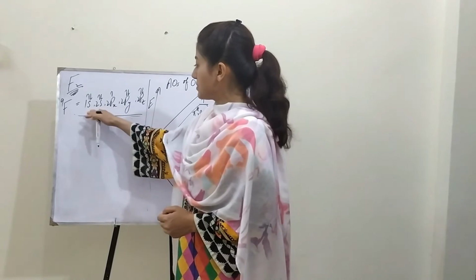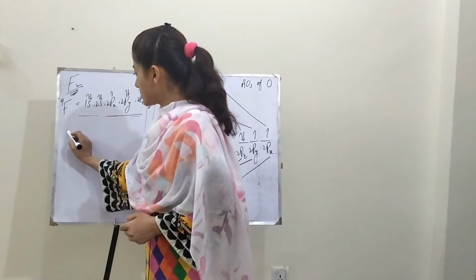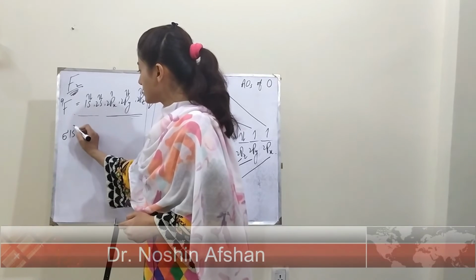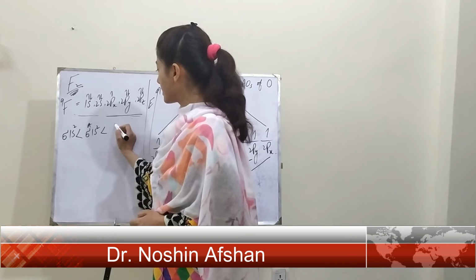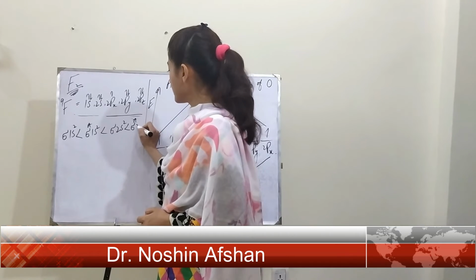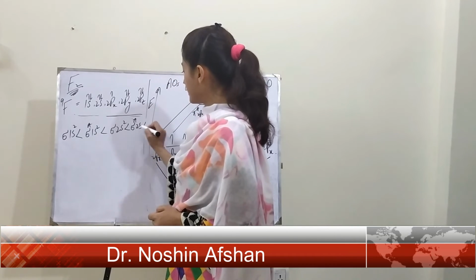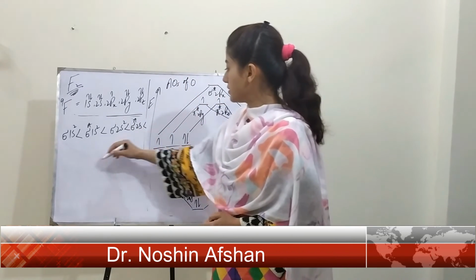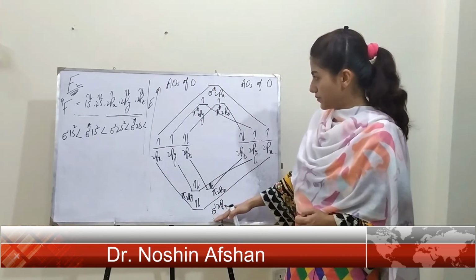So the same case happens with 1s and 2s orbitals, that are sigma 1s2, then sigma star 1s2, then sigma 2s2, then sigma star 2s. Then it is at lower energy level as compared to the same case lies here.